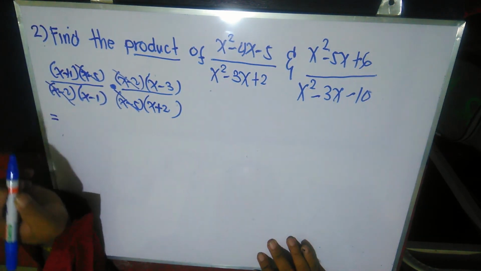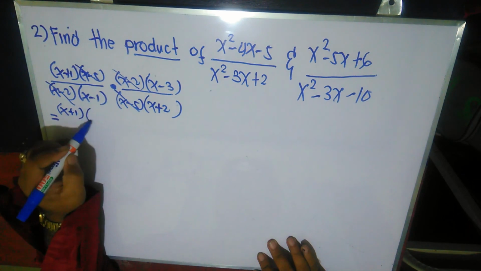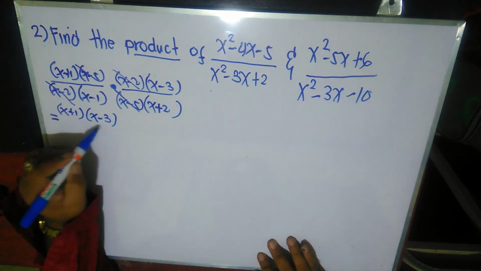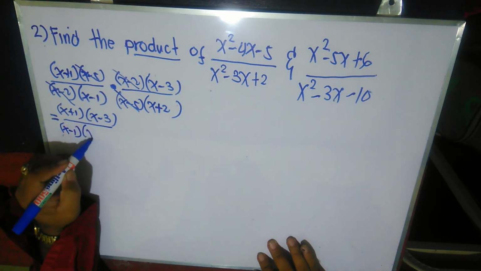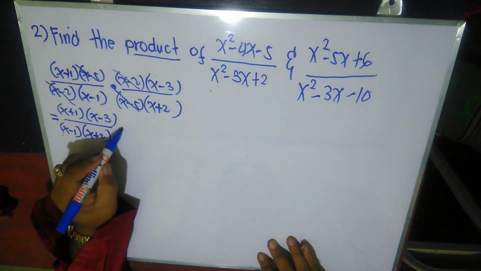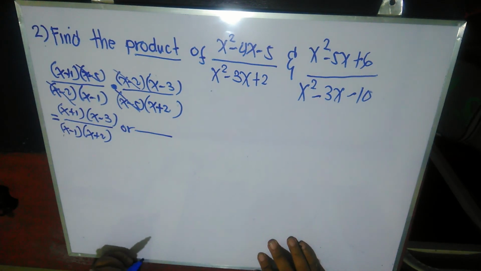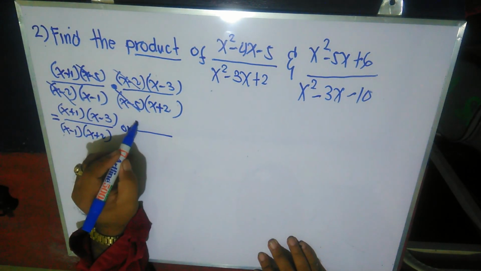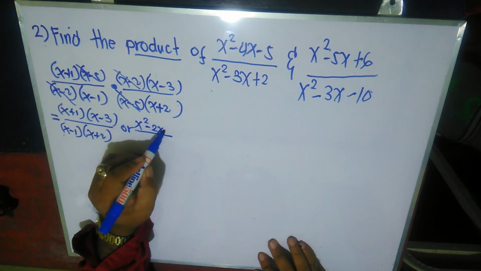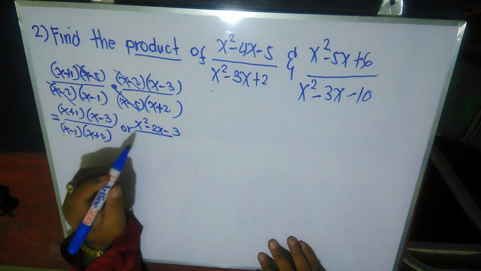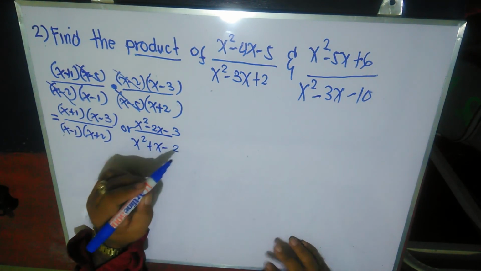The remaining expression is x plus 1 times x minus 3 over x minus 1 times x plus 2, or you can expand both numerator and denominator. So the final answer is x squared minus 2x minus 3 over x squared plus x minus 2.